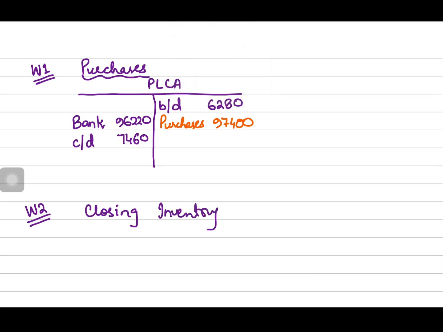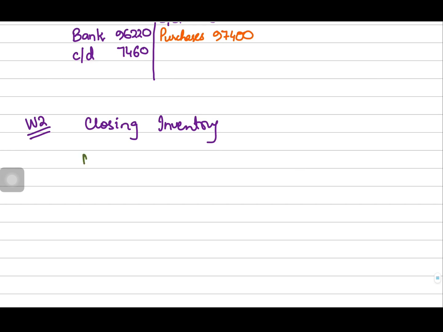In this question we are told that our margin is 40%. Gross margin is calculated on sales, right? That is why the formula for gross margin is gross profit upon revenue times 100.